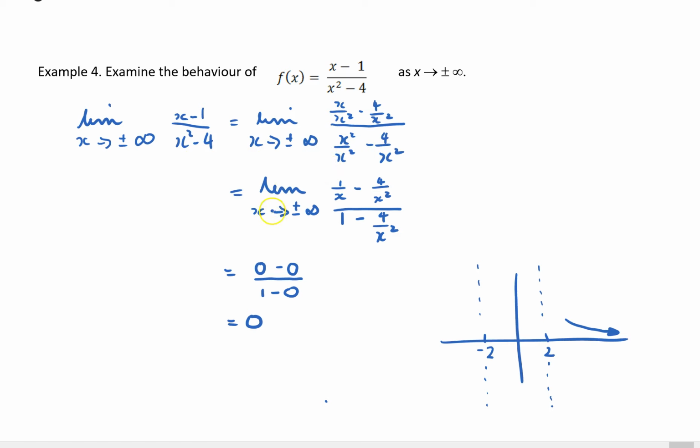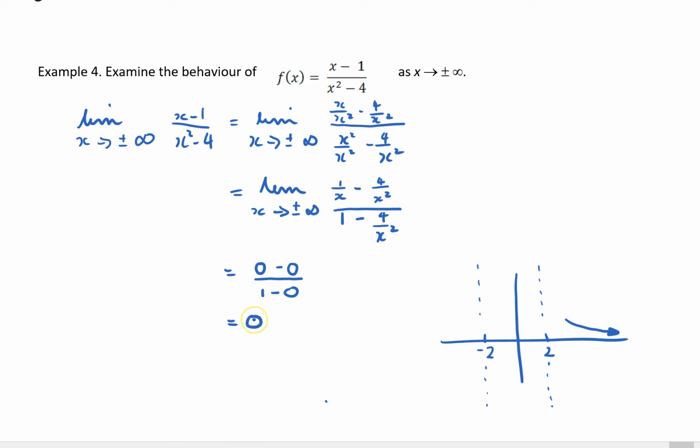So that's giving me the limit as x approaches plus or minus infinity of 1 on x minus 4 on x squared, over 1 minus 4 on x squared. Actually applying the special limit, as x approaches plus or minus infinity, the 1 on x gets replaced with a 0, and the 4 on x squared still approaches 0, gets replaced with a 0.